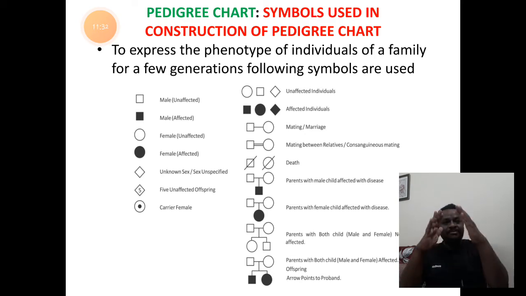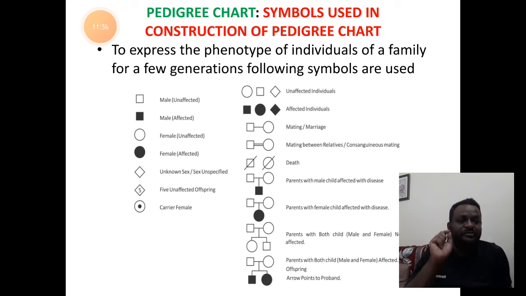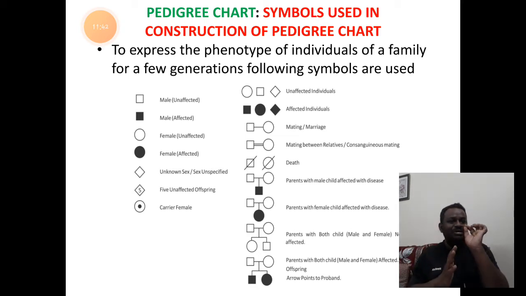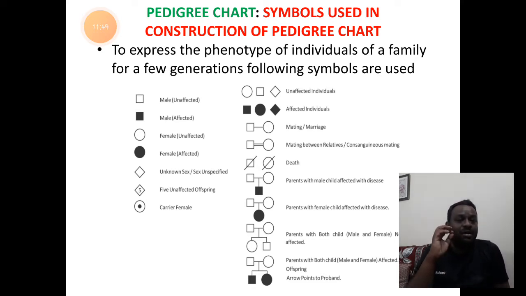If the same rhombus symbol is represented with some number inside, let us say 3, a rhombus with the number 3 in it, and it is not shaded, they are 3 unaffected individuals whose sex is not known.